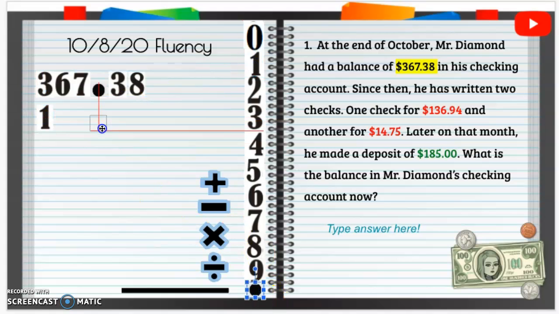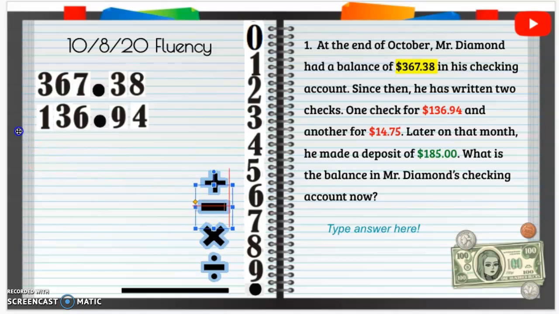So he had to pay $136.94. And 94 cents. Awesome. So we are subtracting that. Why? Because he wrote a check. He had to pay his bills.